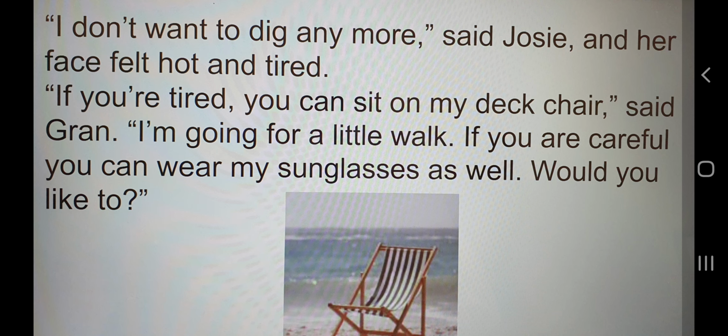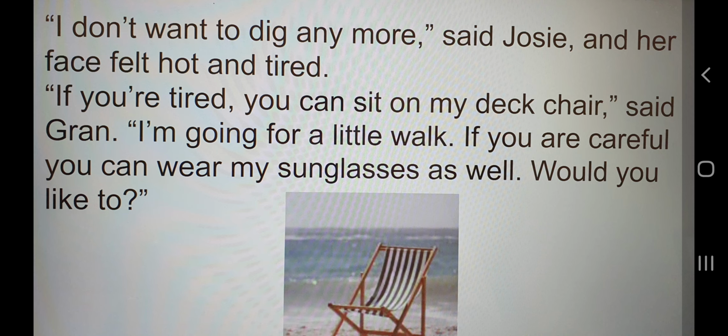"I don't want to dig any more," said Josie, and her face felt hot and tired. "If you're tired, you can sit on my deck chair," said Gran. "I'm going for a little walk. If you are careful, you can wear my sunglasses as well.